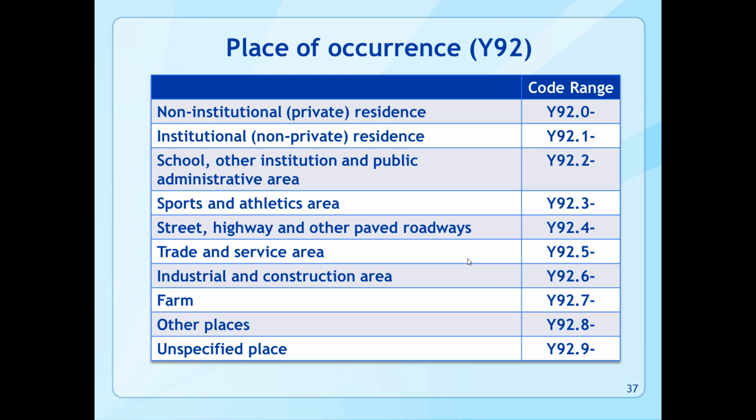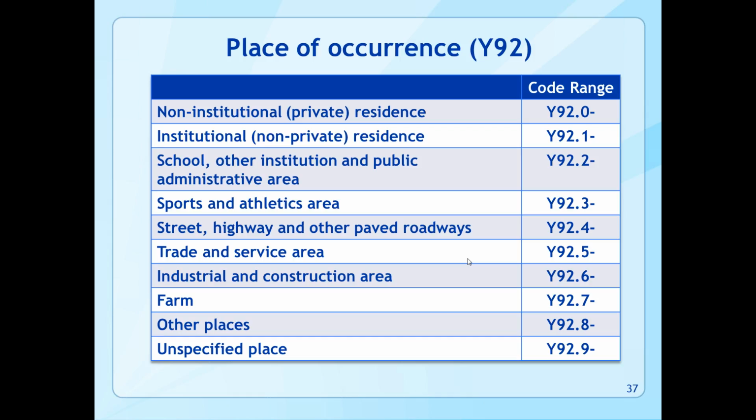The Y92 codes capture information on the place where the injury occurred. For those of you who might have used the E849 codes in ICD-9-CM, these are similar to those. But as with everything else, ICD-10-CM captures a lot more detail. So not only can you capture whether or not the injury occurred in a private residence, in a home, but whether it was in the kitchen, the dining room, the bathroom, the bedroom, the garden, or some other place in the home.